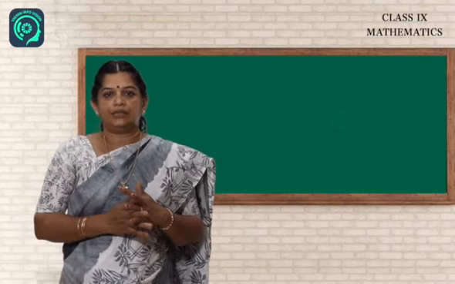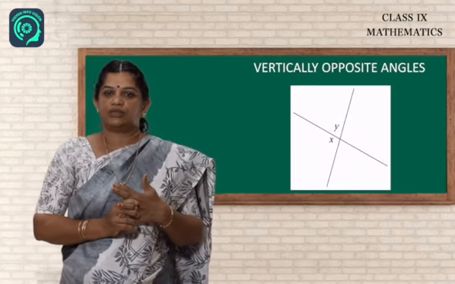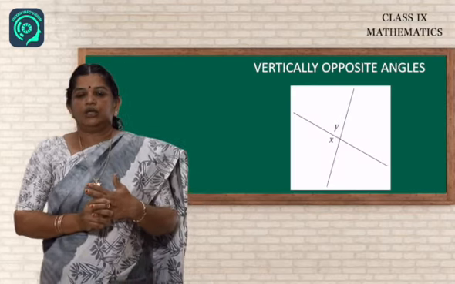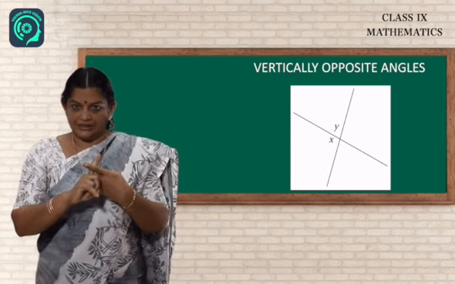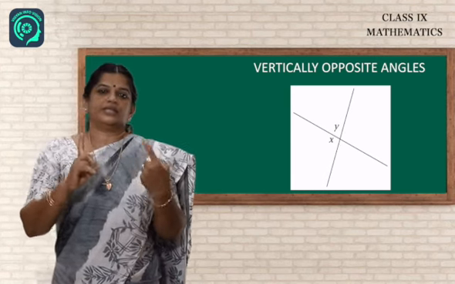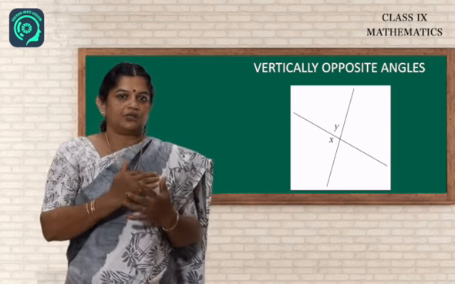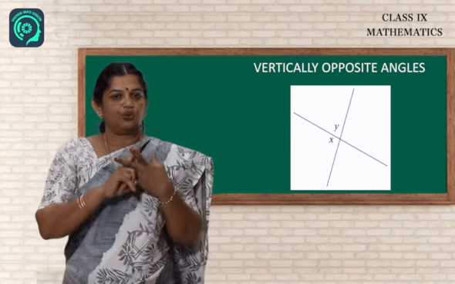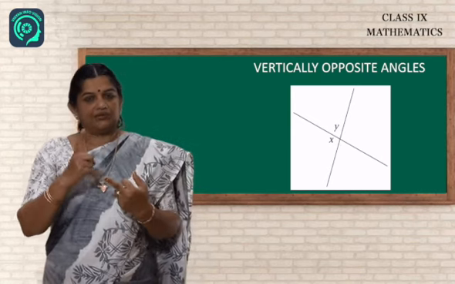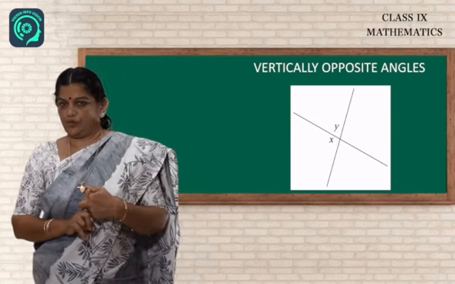Next, let us see vertically opposite angles. Two lines intersect each other, the vertically opposite angles are equal. Okay. So, what is the theorem based on vertically opposite angle? If two lines intersect each other, the vertically opposite angles are equal.